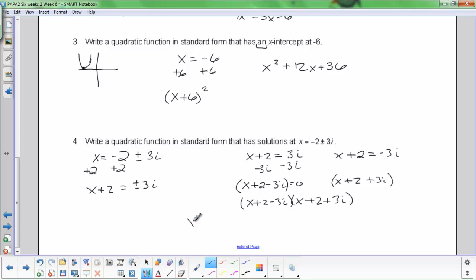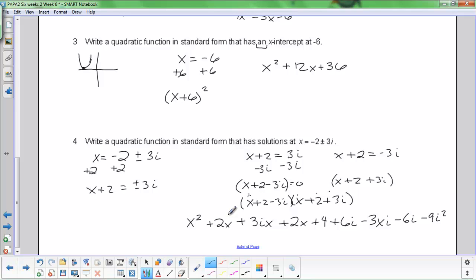You're going to get x squared plus 2x plus 3i times x plus 2x plus 4 plus 6i minus 3x times i minus 6i minus 9i squared. Multiply each factor each time.